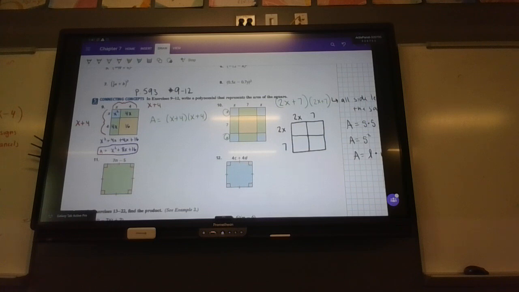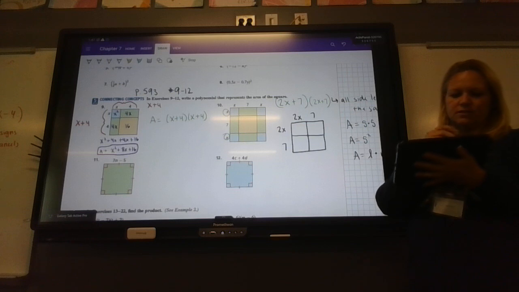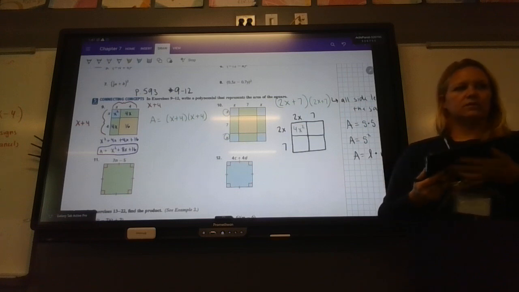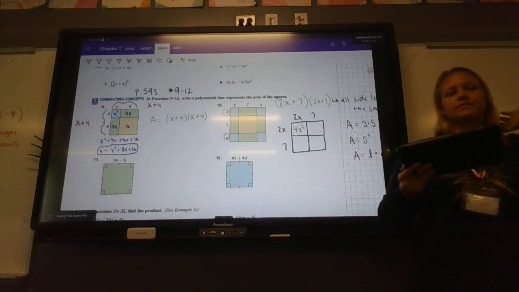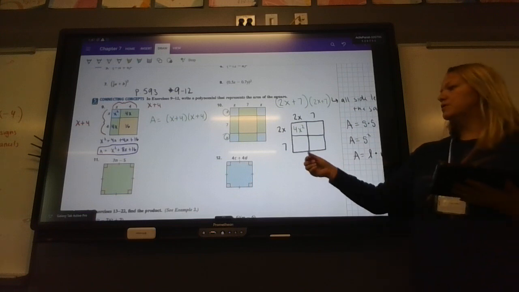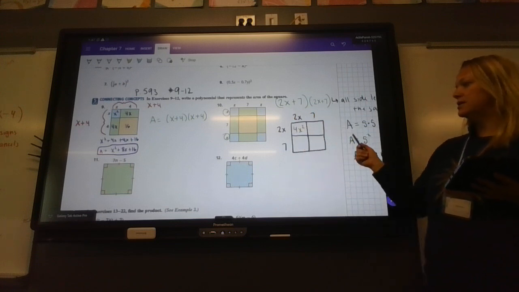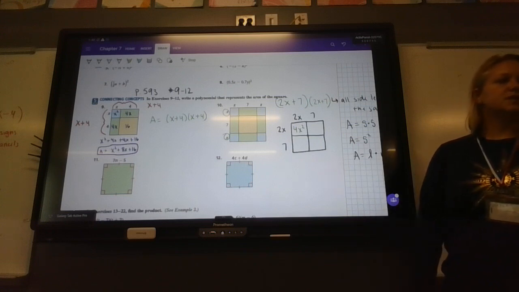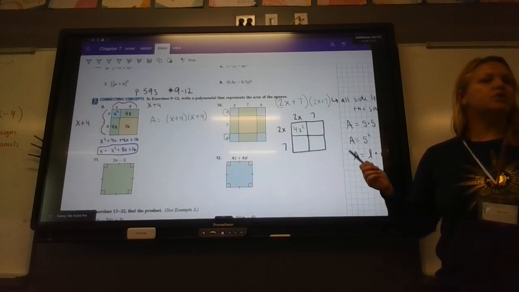Wait, how would you add to it, like 3x plus 7? That would actually be a trinomial times a trinomial, and it ends up being 9 boxes. It does work. I don't think we're going to do that in Algebra 1, but we do it in Algebra 2.